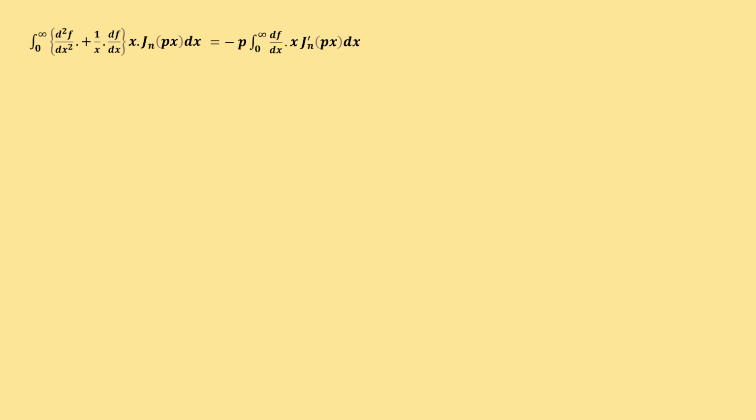Which is equal to minus p times the integral from 0 to infinity of x Jₙ'(px) df. So dx in the numerator and dx in the denominator get cancelled, and you will get df. Which is equal to minus p times x Jₙ'(px) f(x), lower limit 0, upper limit infinity.